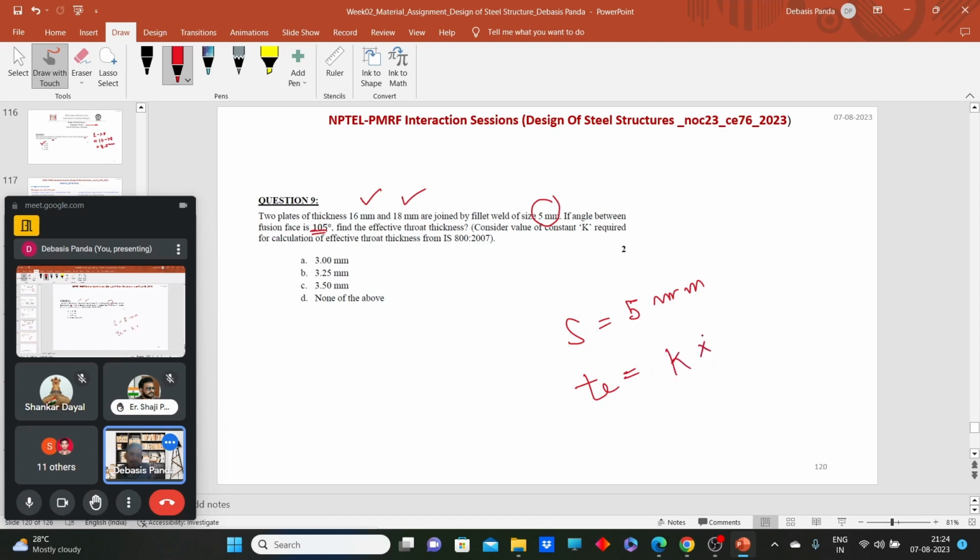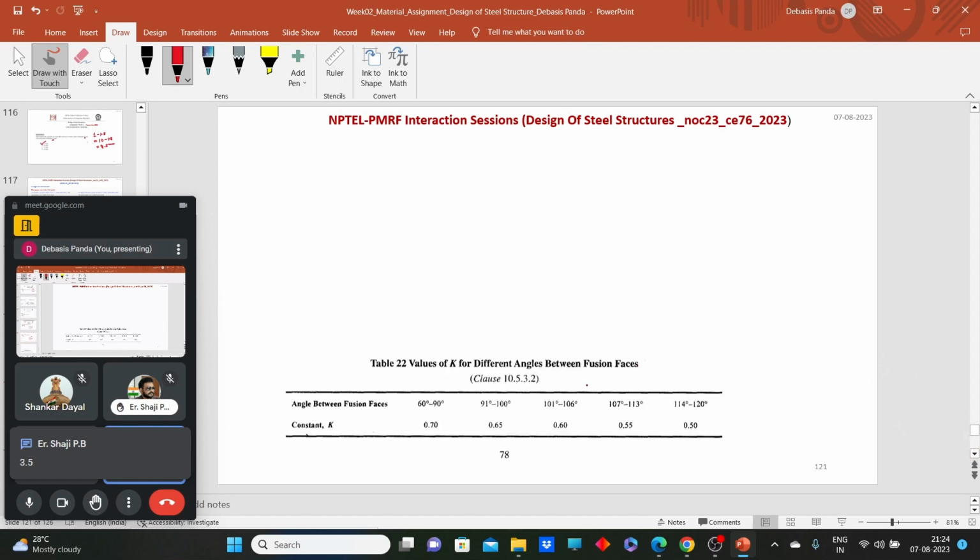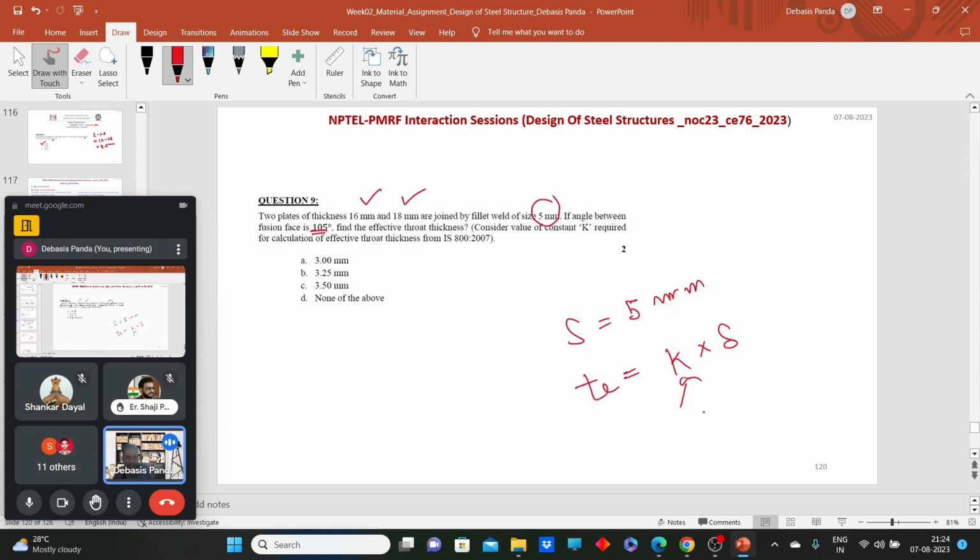K into S. So what will be that K value for 105, 100 to 106? We have 0.6. So if we calculate 0.6 into 5, so how much is it coming? 3, right?